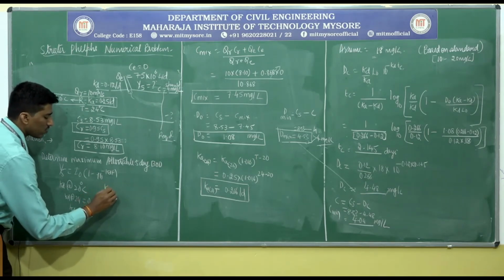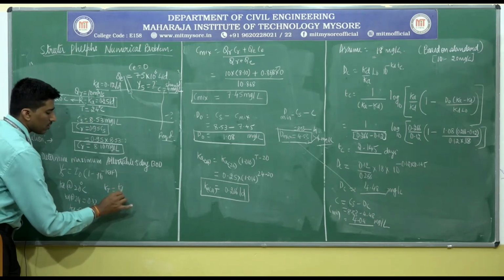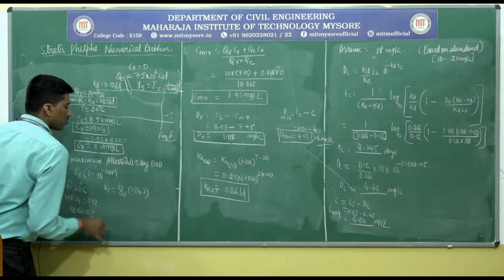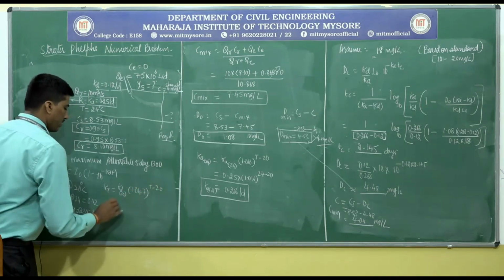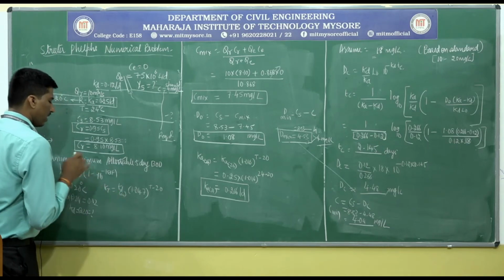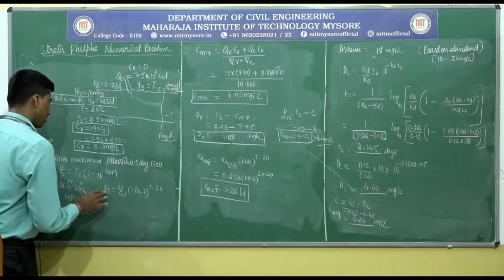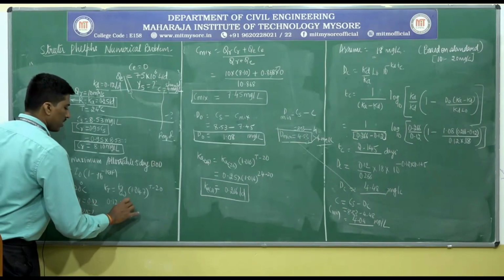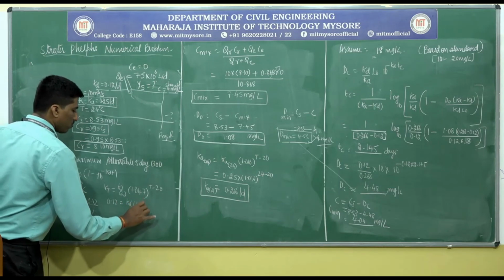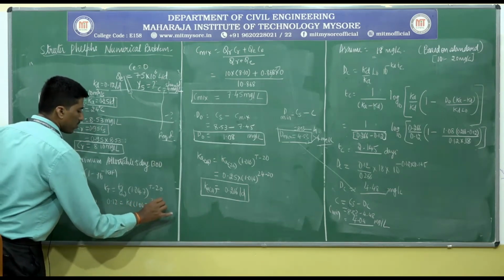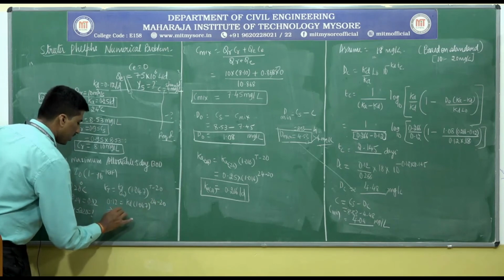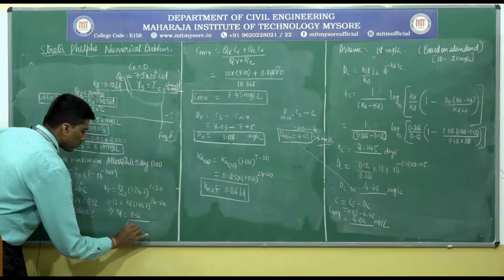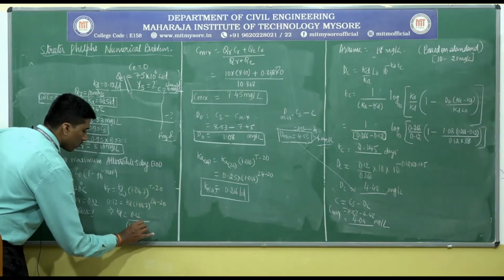That is, K of T is equal to K at 20 into 1.047 whole raised to the power of T minus 20. I need to get this. What is the KT value I have? KT is 0.12. So 0.12 is equal to KD into 1.047 whole raised to the power of 24 minus 20, which implies that KD is equal to 0.12 divided by 1.047 whole raised to the power of 4.